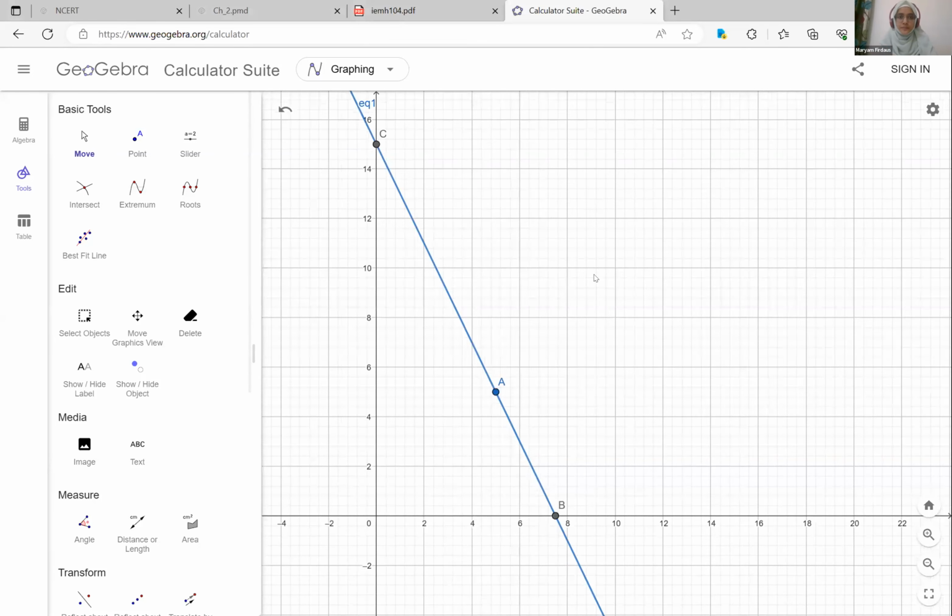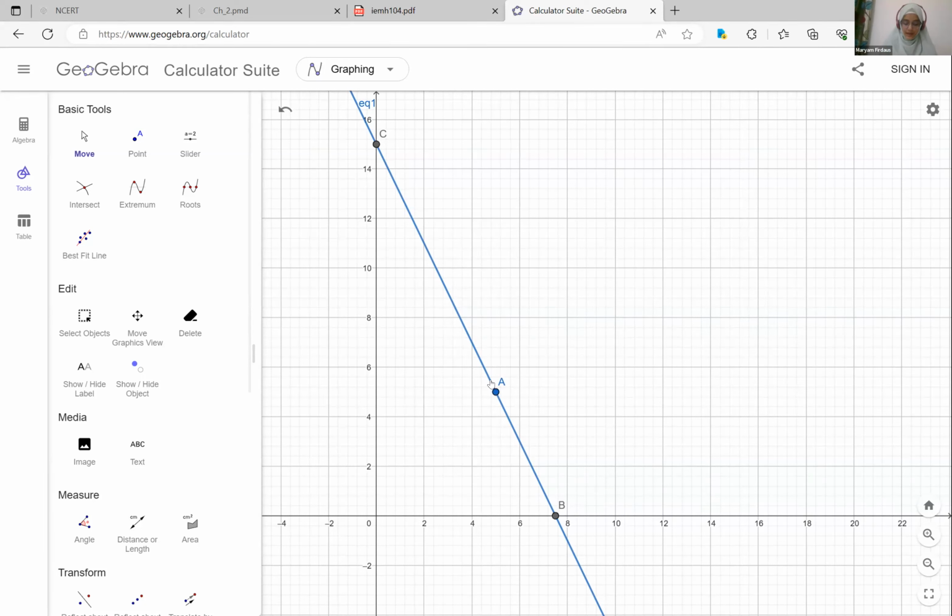Now it's visible. So can you see that all the 3 points that we just wrote on our whiteboard, 0, 15, that's my point C. 7.5, 0, that's my point D. 5, 5, that's my point A. So can you see that all 3 of these points are lying on the graph of the line, the graph of this equation?